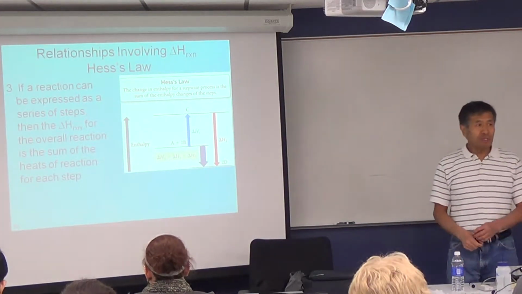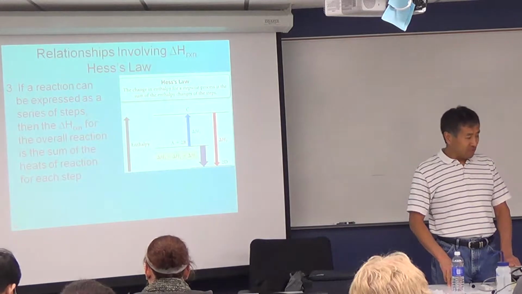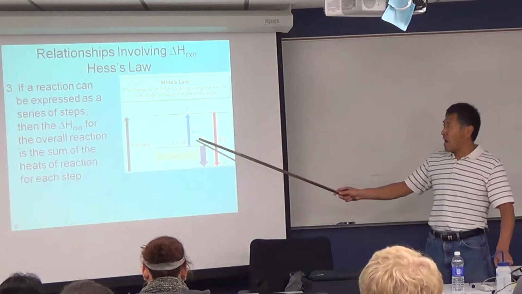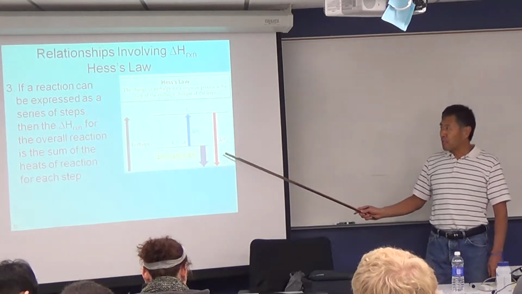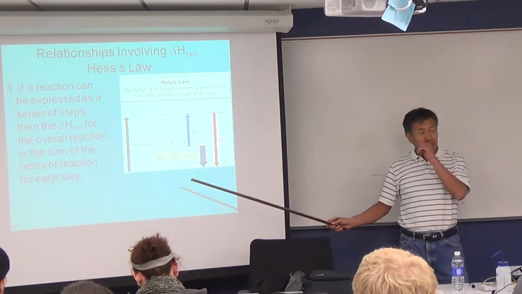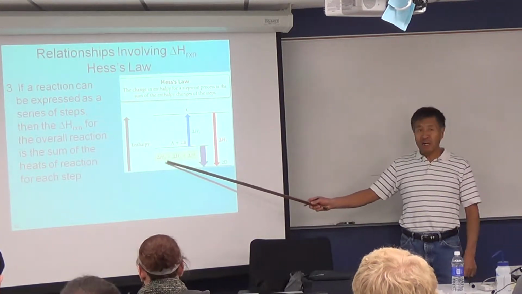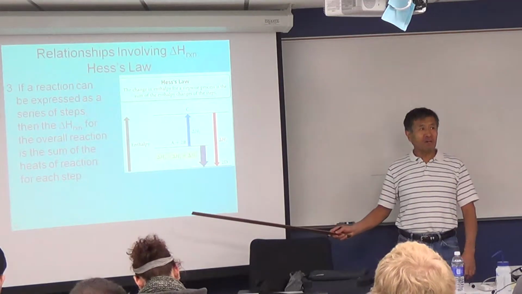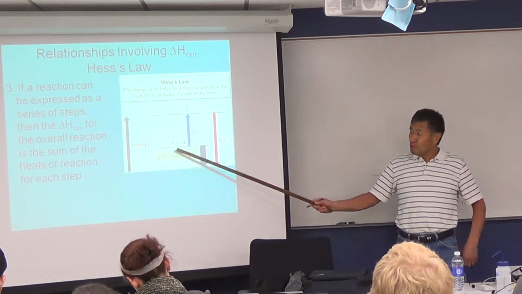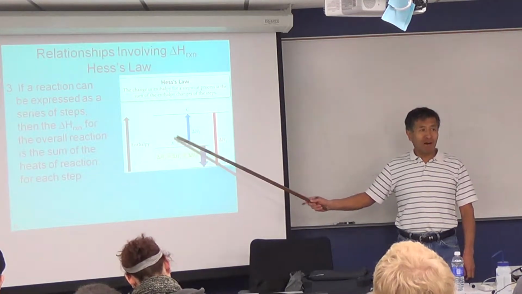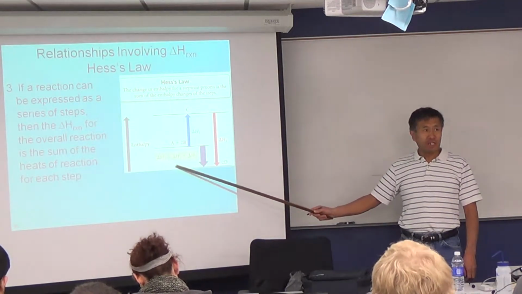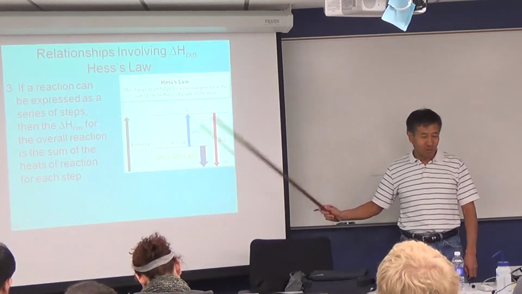So when you have those different chemical reaction equations, if somehow you can find that, in this example, reaction 1 plus reaction 2 gives you reaction 3, then the delta H will follow the similar addition. So reaction 1 plus reaction 2 equals reaction 3, therefore delta H3 equals delta H1 plus delta H2.